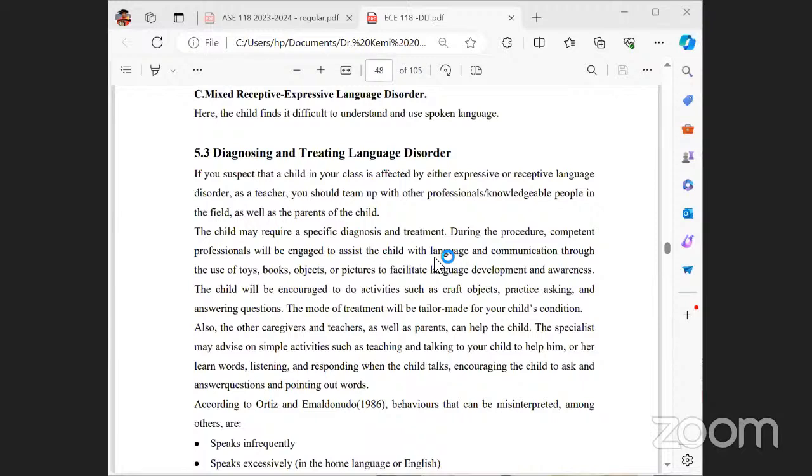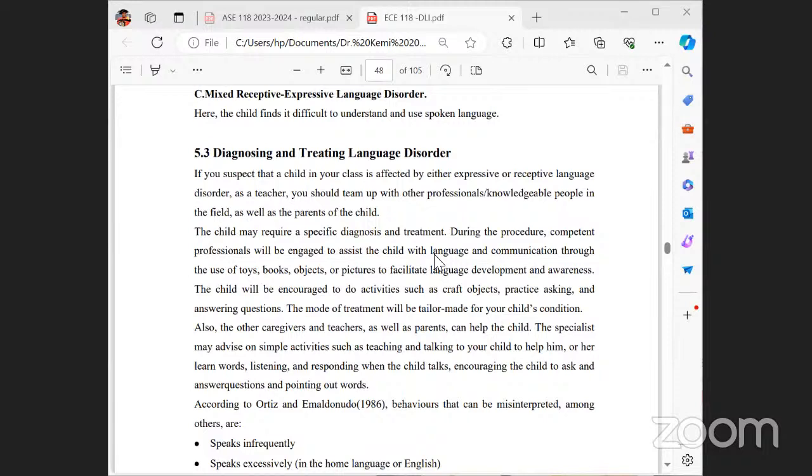The child may require specific diagnosis or treatment. So during this diagnosis, we require competent professionals who can engage this child in language communication through the use of toys, objects, pictures, animations, and all that.